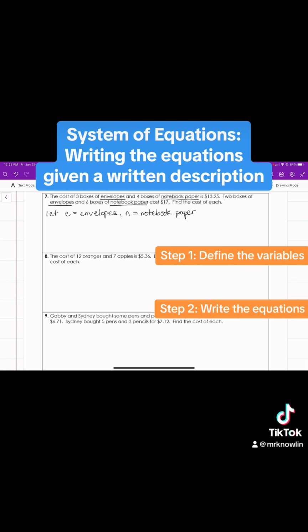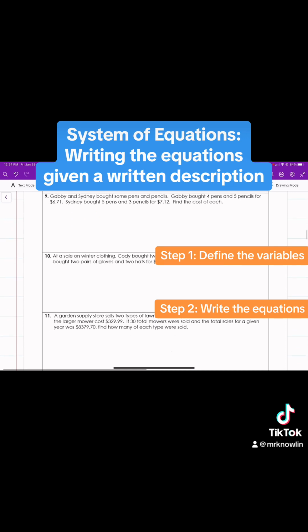The first sentence says 3 boxes of envelopes and 4 boxes of notebook paper is $13.25. So we're going to write it just like that. Now, the second equation is going to say 2E and 6N equals 17.